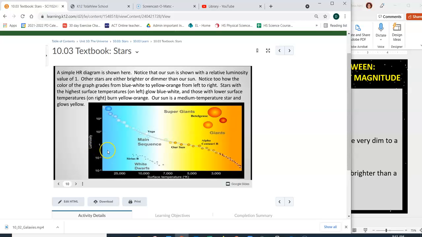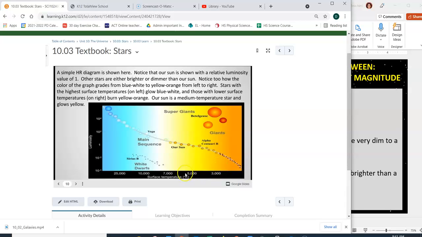The Hertzsprung-Russell diagram is that absolute brightness. So you can see our sun is kind of right in the middle of that main sequence area where most of the stars fall. Okay, big, cool, and bright, small, big, hot, and bright up in the top left, and small and cool and dim down here.